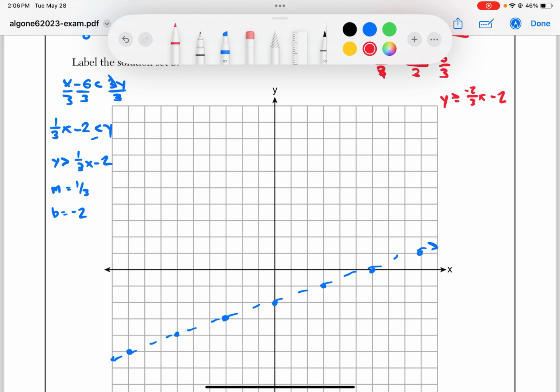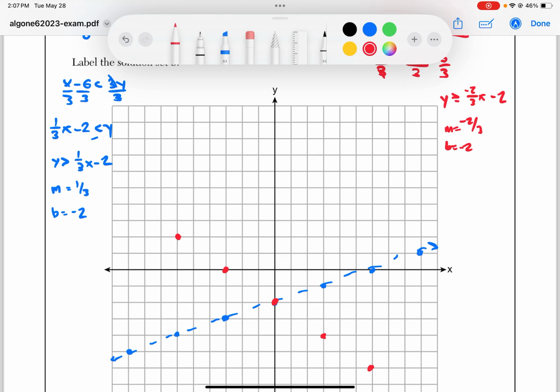Moving on to the red one, it also has a y-intercept of -2. And its slope is -2/3. So we're going down to the right 3. Down to the right 3. Up to the left 3.